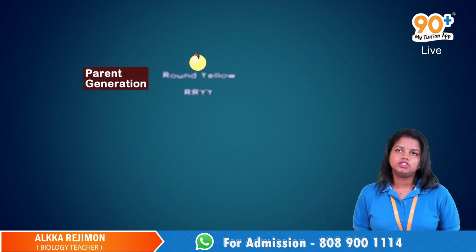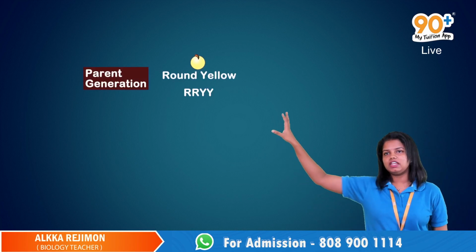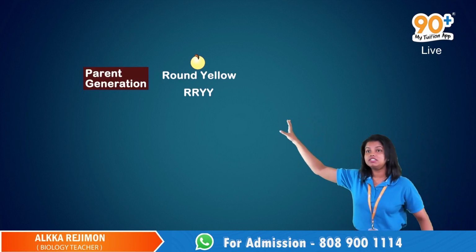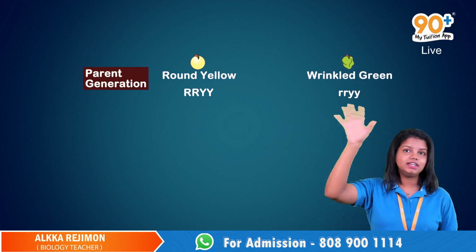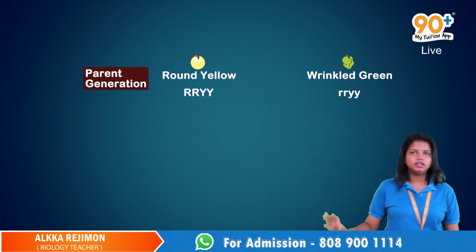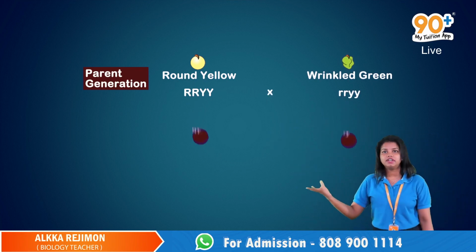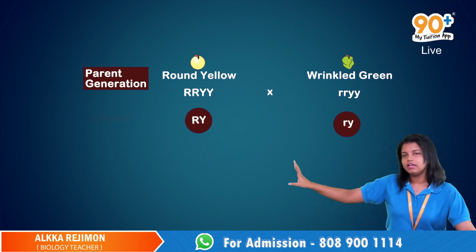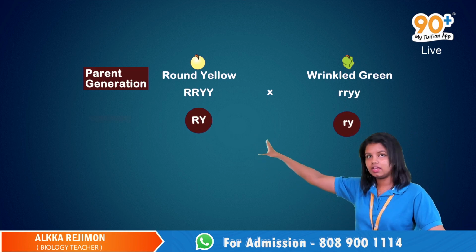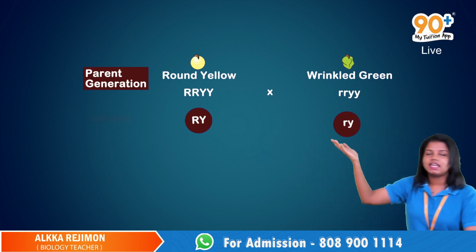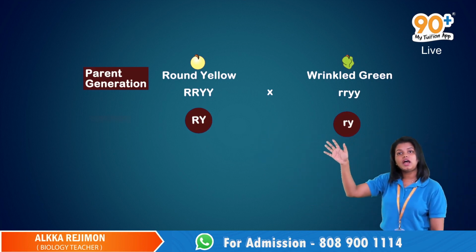So first you can see the parents taken. Parent characters: one is round yellow and the second parent is wrinkled green. Okay, got it. Now let's take the gametes. How will their gametes be? Here you can see that the first gamete has capital R capital Y and the second gamete has small r small y.